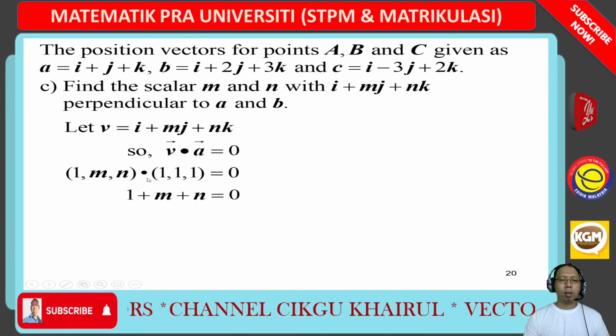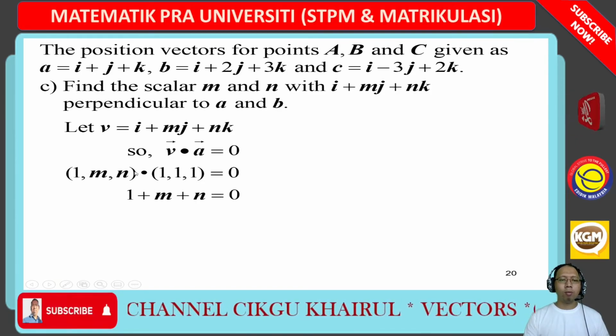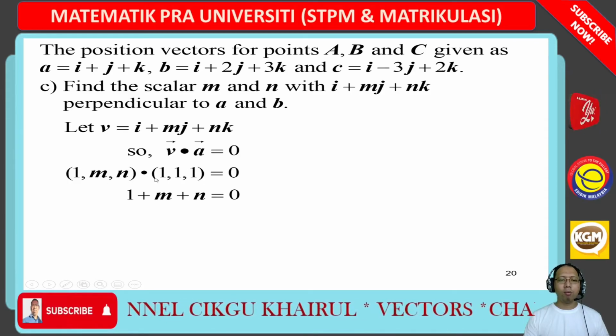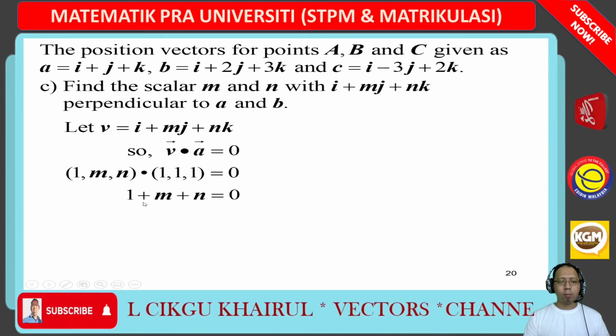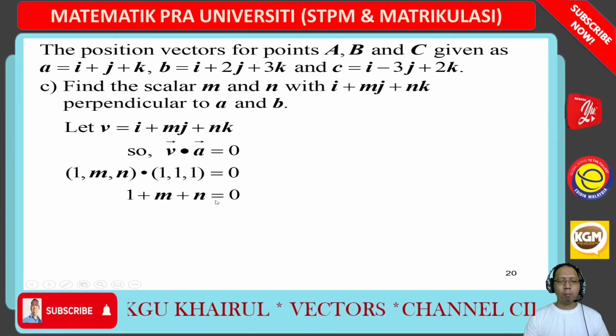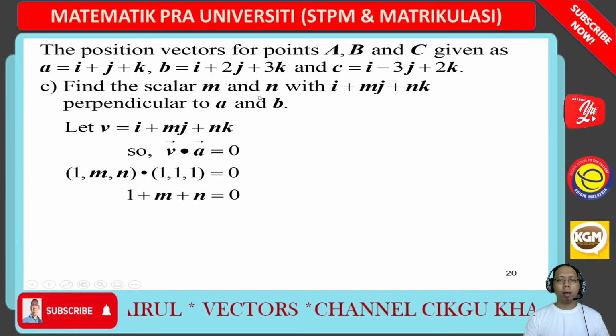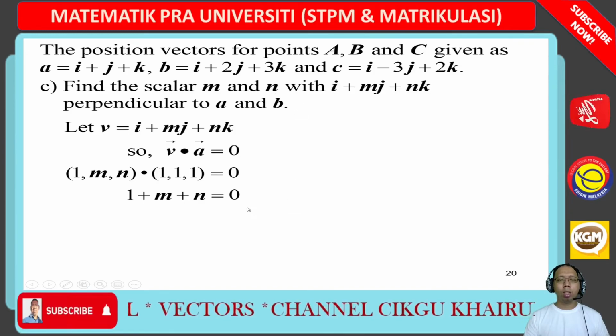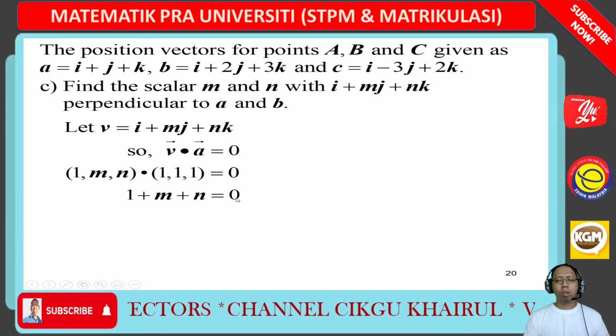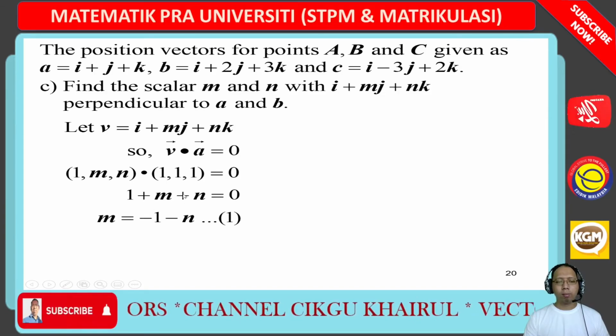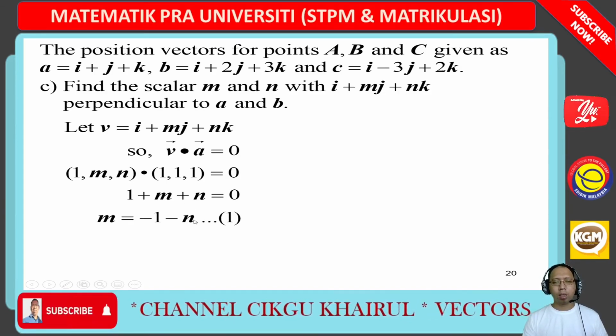We multiply the coefficients of vector V and the coefficients of vector A. After simplifying, we get 1 plus m plus n equal to 0. We want to find the variables m and n, two variables, so we need two equations. Now this is the first equation: m equals negative 1 minus n.